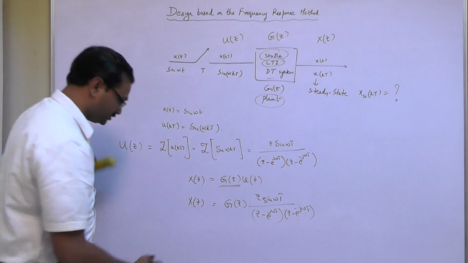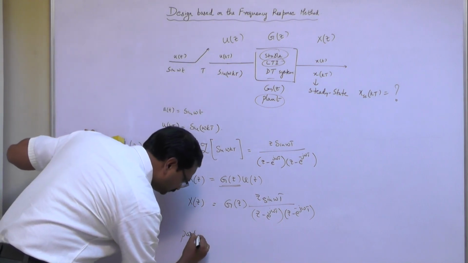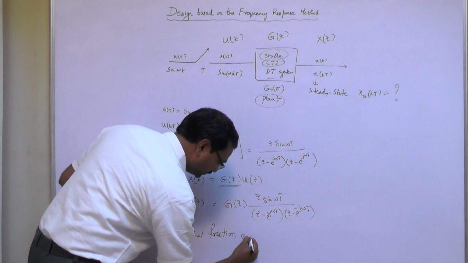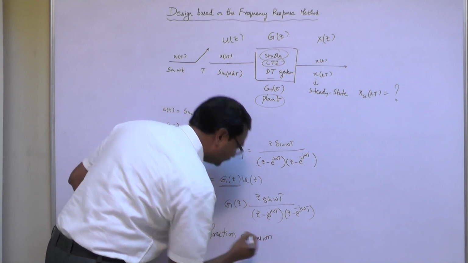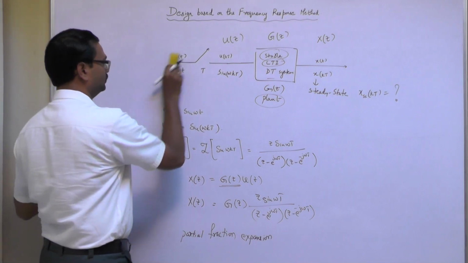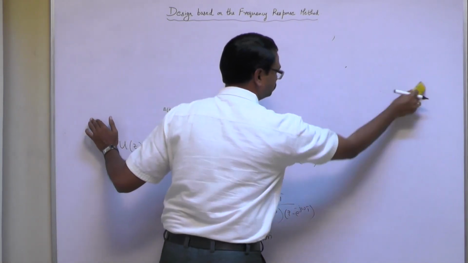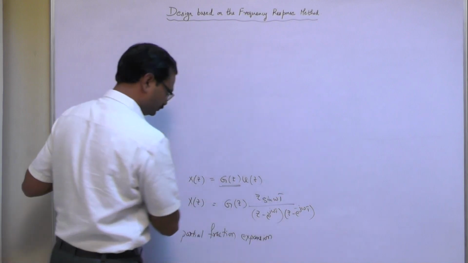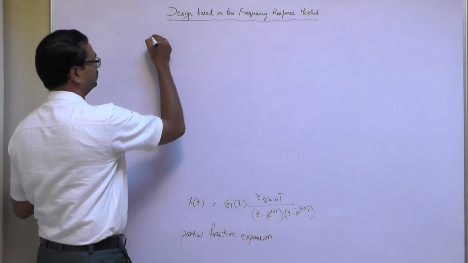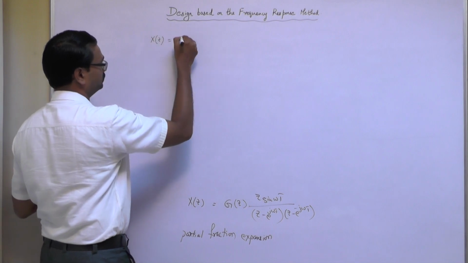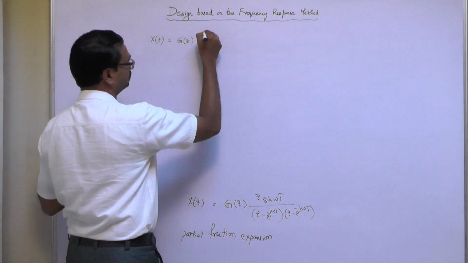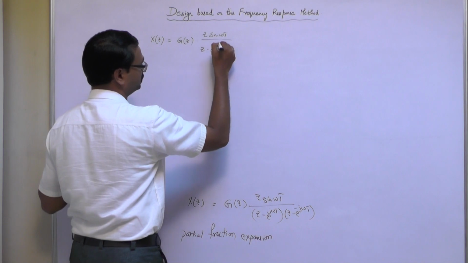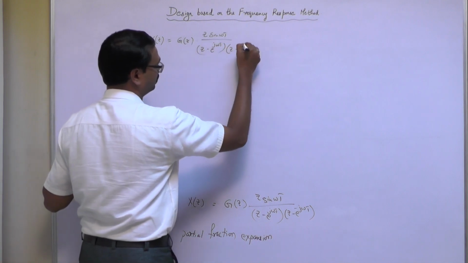Upon the partial fraction expansion method, we can write x of z equal to g of z into z sine omega t by (z minus e power j omega t) into (z minus e power minus j omega t).